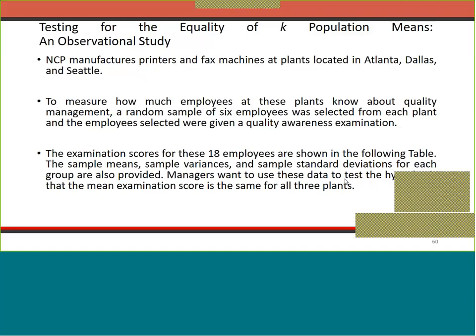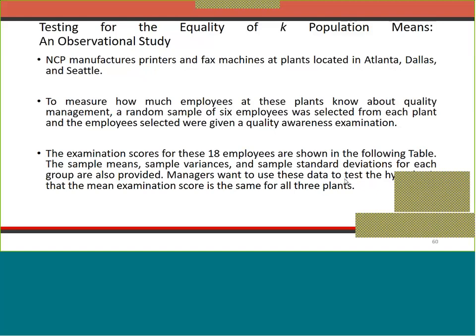Please remember here we have collected a sample from each plant, whereas in experimental statistical studies, these three plants are called three treatments, and we select 18 employees from all three plants and assign plants to the workers.